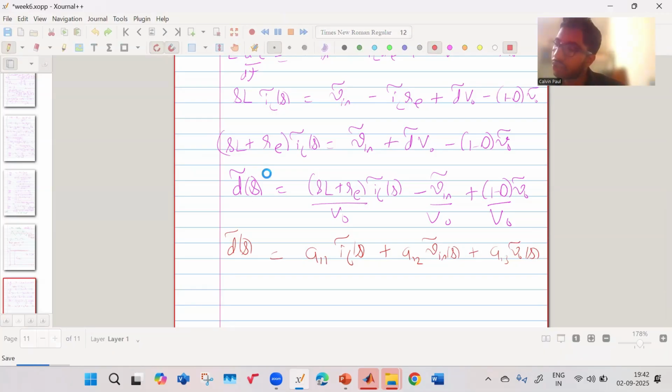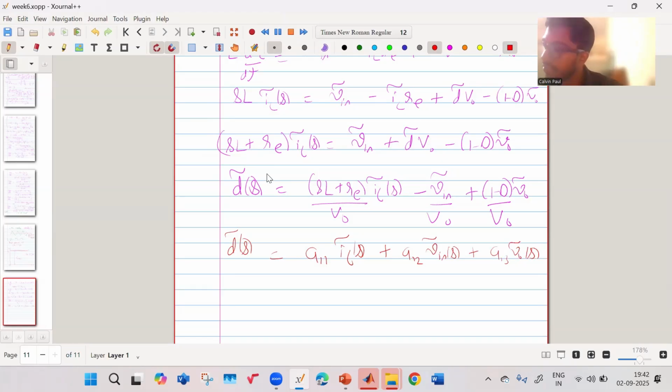And not all questions will be these big, lengthy ones. Many questions you will find are just small steps, because in the exam you cannot be expected to derive a very large transfer function. There might be one or two questions like that, but there are certain questions which are small incremental steps.